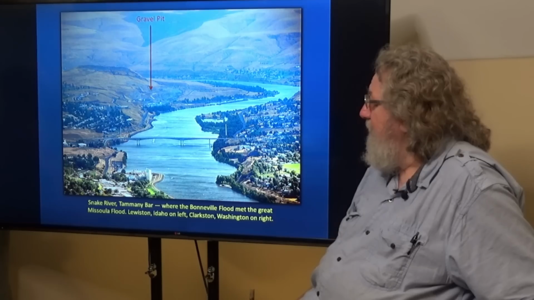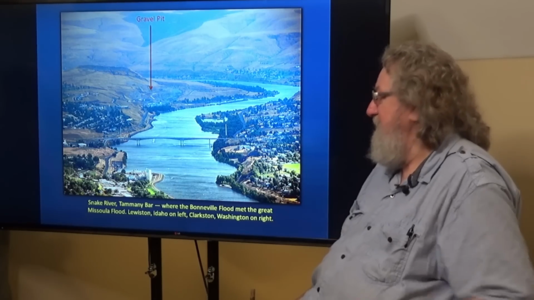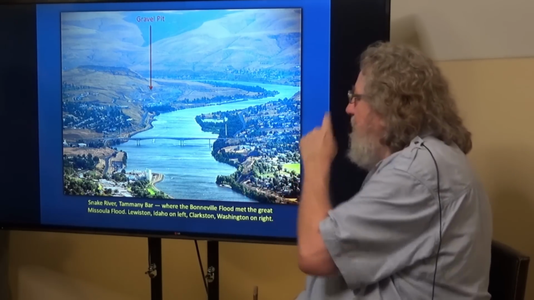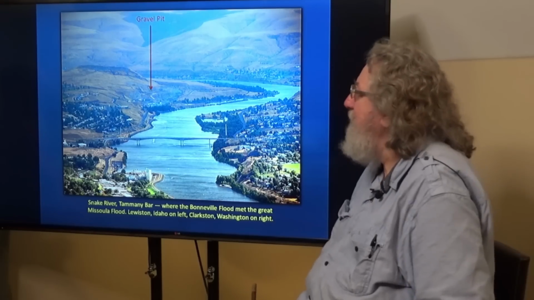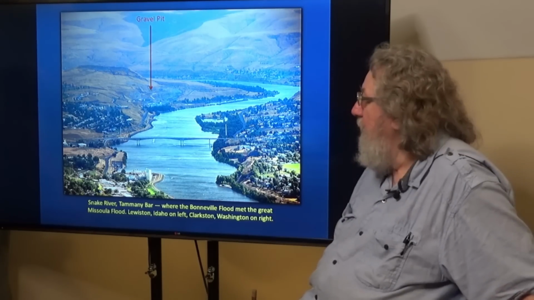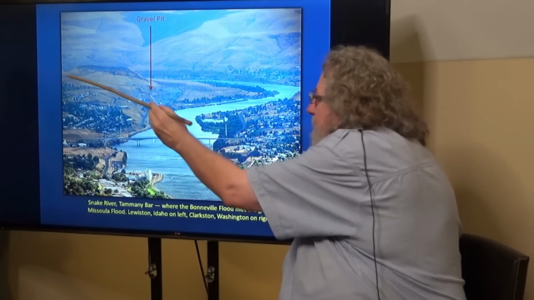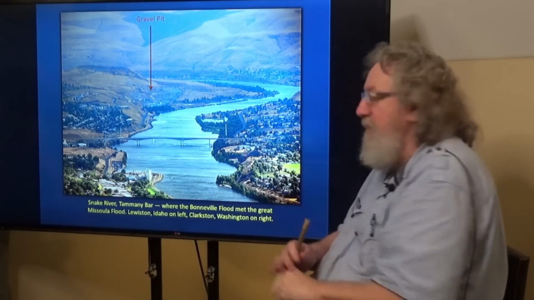And the arrow points to a gravel pit that's exposing the internal architecture of this point bar that you see here. It's called Tammany Bar because just beyond this knoll right here, Tammany Creek comes and flows into the Snake River.